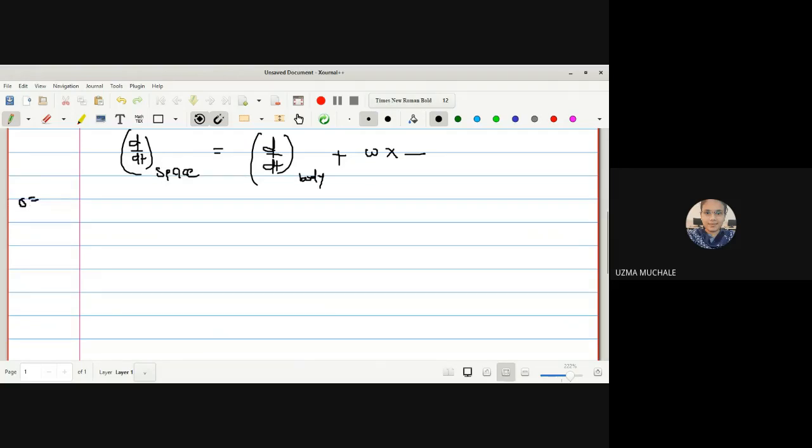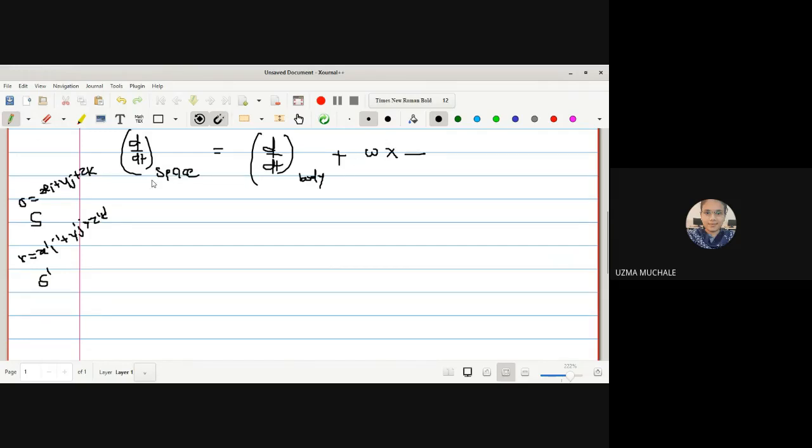Those who remember the last lecture, r is equal to xi plus yj plus zk, a position vector in the S system, and r is equal to x' i' plus y' j' plus z' k', the position vector of a particle in S'. With respect to this, we found this equation. This equation is true for any term here.